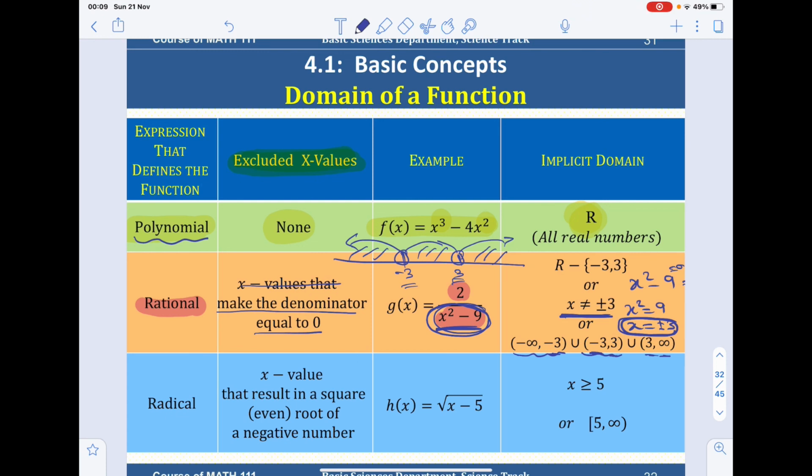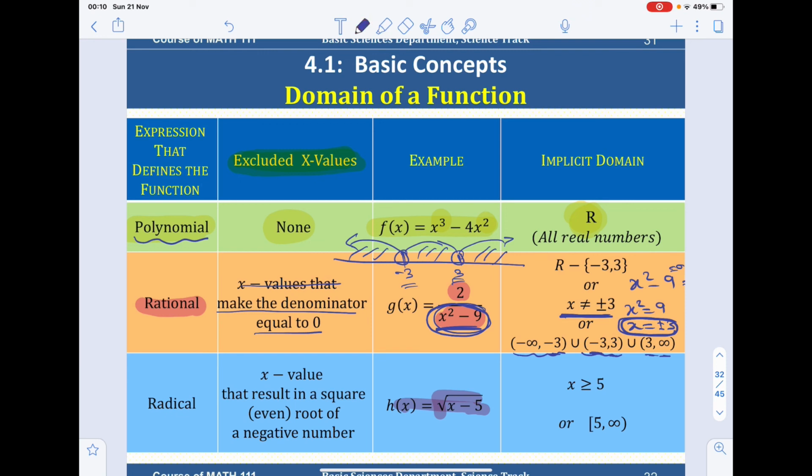Okay, now for the radical, if the function is a radical, which means I have a root, and the x values are under the root. In this case, as you know, negative values under the root are not accepted in the real numbers. So I'm going to exclude those values that result in the square root of a negative number.